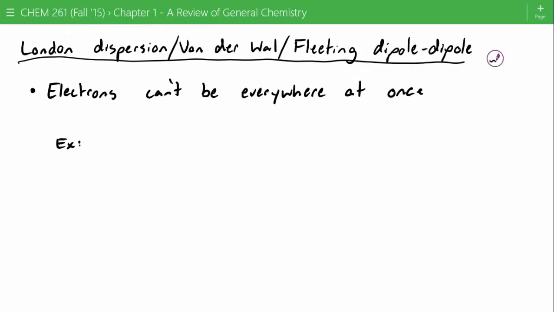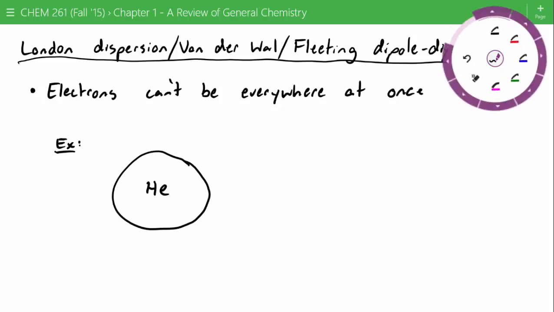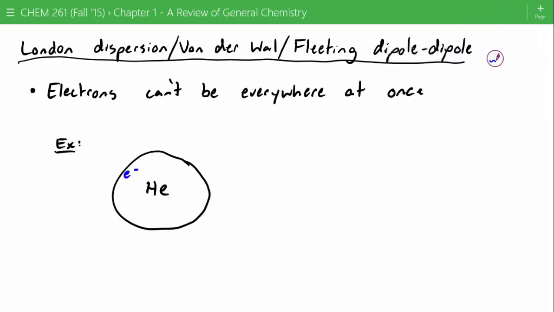In this example, I'm going to have a helium atom. And a helium atom has this big old s orbital there. And let's say at one snapshot in time, you've got an electron on this side and an electron on this side. So we're just taking a camera shot here.